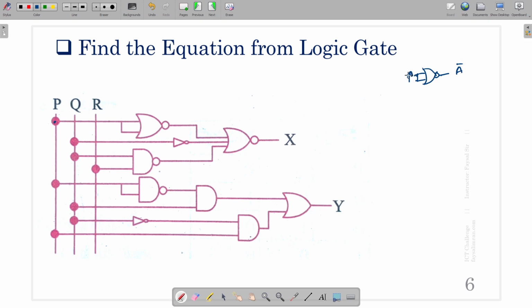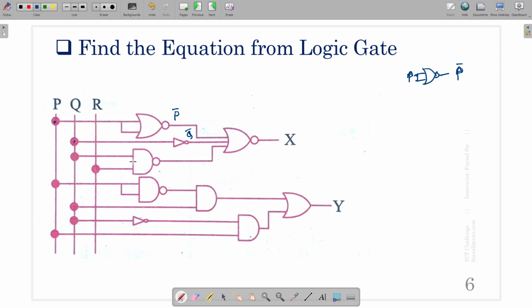So if I input P, then we will get P bar. That means P is our input. So you will get P bar from this NOT logic gate. Okay. Also Q. So after this NOT logic gate, you will get Q bar.